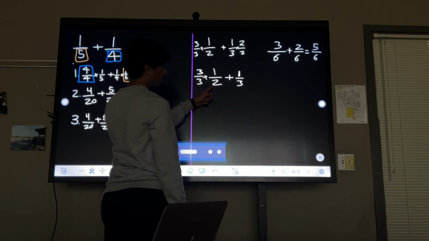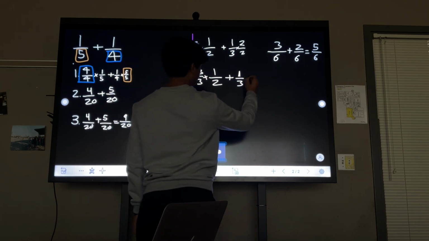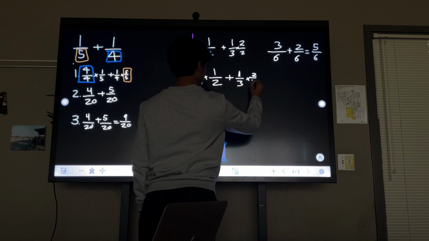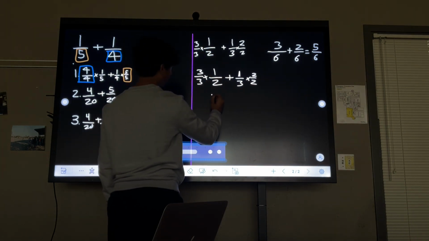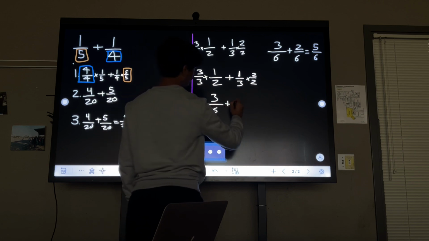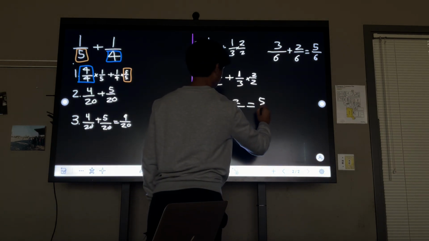We're going to take the left denominator, which is 2, bring it over here, do multiplication, 2 over 2. We're going to multiply 3 times 1 and 3 times 2, that's 3 over 6, plus 1 times 2, which is 2, 3 times 2, which is 6, that will equal 5 over 6.